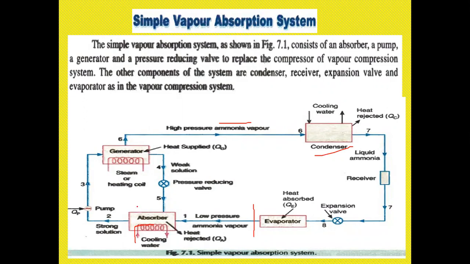An absorber, a pump, a generator, and a pressure reducing valve to replace the compressor of the vapor compression system. The other components of the system are condenser, receiver, expansion valve, and evaporator, as in the case of the vapor compression system. So you have just a minute change between the vapor compression and vapor absorption systems.